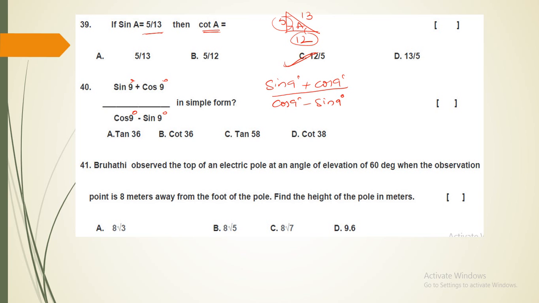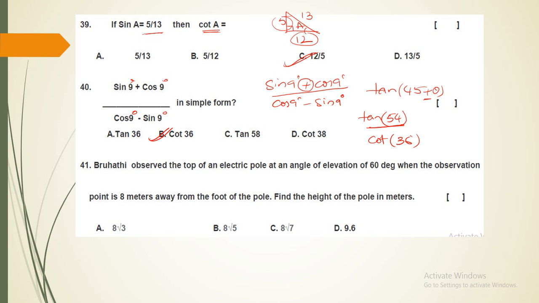It is nothing but tan of 45 plus theta. So cos theta plus sin theta by cos theta minus sin theta is tan of 45 plus theta. If plus is present in the numerator, then you will get 45 plus theta. Then this can be written as tan of 45 plus 9 degrees. So 45 plus 9 is 54. So tan 54, I can write it as cot 36 degrees. So the answer is cot 36 degrees.